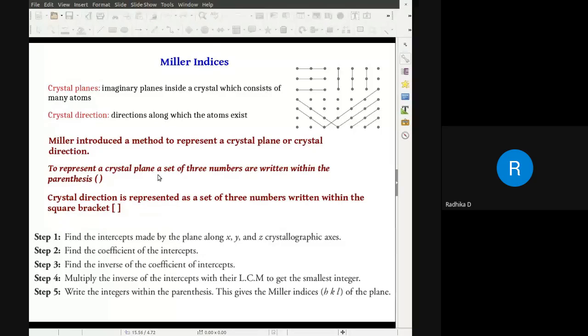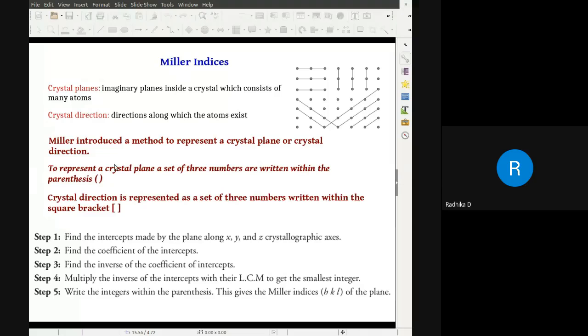Three numbers for the main reason that it is a three-dimensional structure, so along x, y, and z, all three directions. If I put it within square brackets, that is actually representing a crystal direction. So this is actually the Miller index. Usually we talk about the Miller index with round brackets. That means we talk about the Miller index representing the crystal plane.